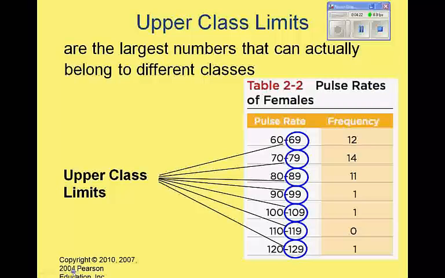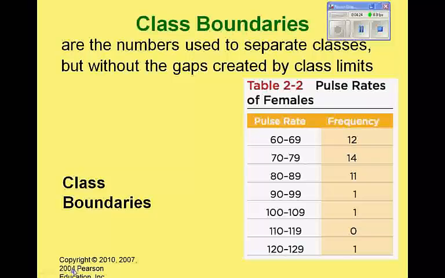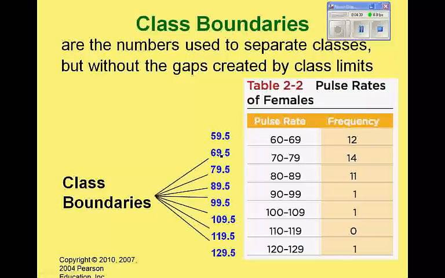But these are not the same as class boundaries. Class boundaries are numbers that separate the two classes. So there's a couple ways you can do this. One way is you can take a look at the upper class limit of one class and the lower class limit of another class and find the midpoint of those two.